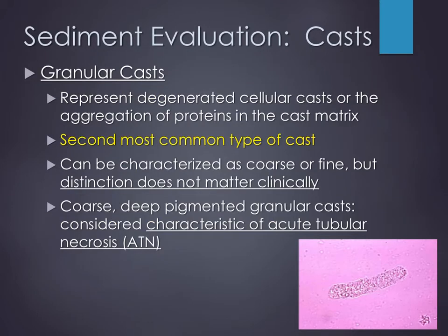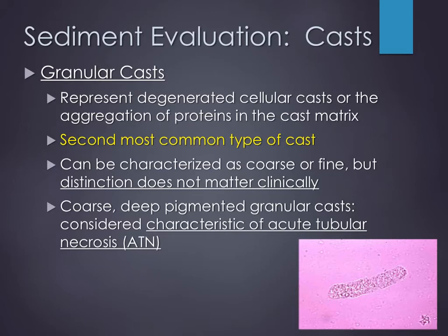Granular casts are the second most common type of cast seen in urine. When you see these, it represents degenerated cells or aggregation of proteins within the cast matrix. They can be defined as either coarse or fine, but there's no clinical distinction between those two.